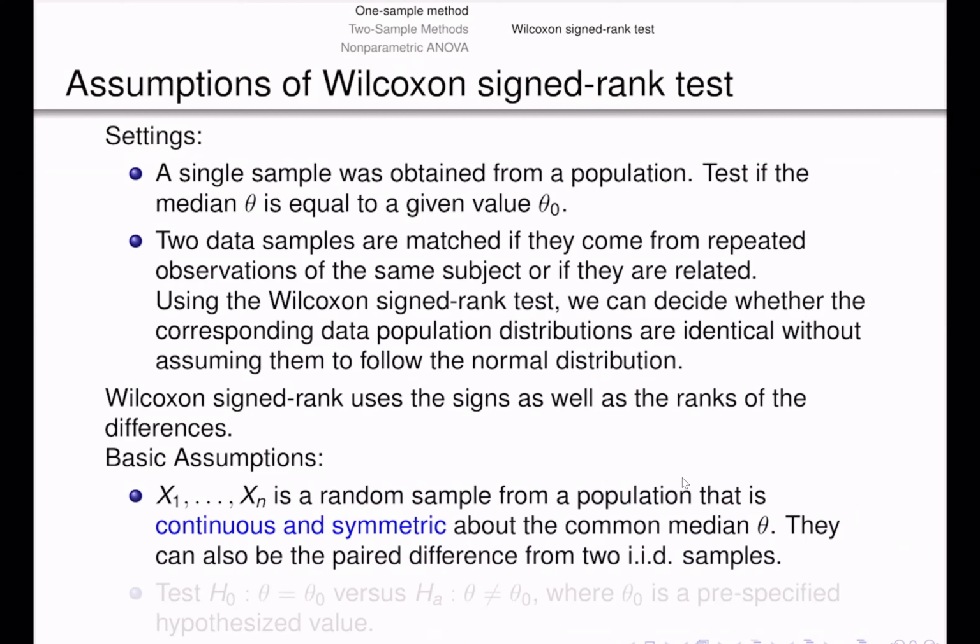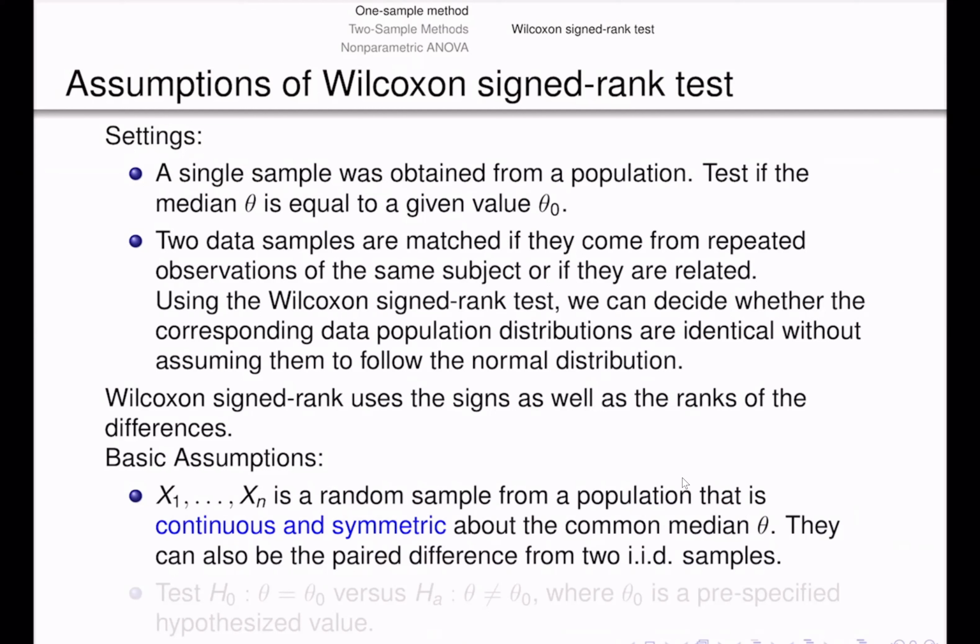Since when we learn about a continuous distribution, we know that the probability of an observation equal to a single value is always 0. Therefore, when we look at two values being identical for a continuous random variable, that probability is 0. So this is just for explaining how the test is constructed, but it's not necessary to have a continuous distribution.